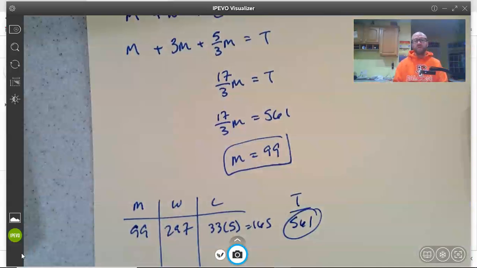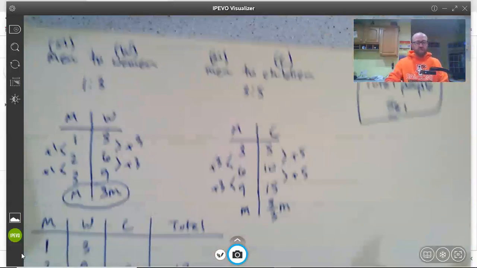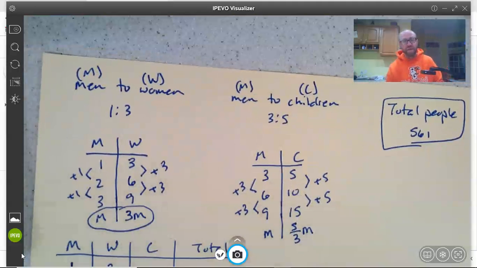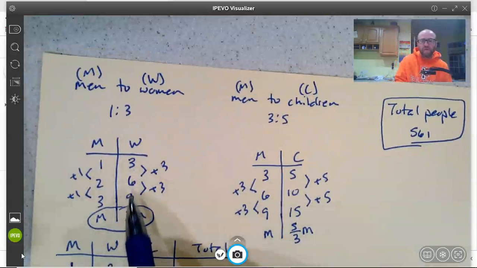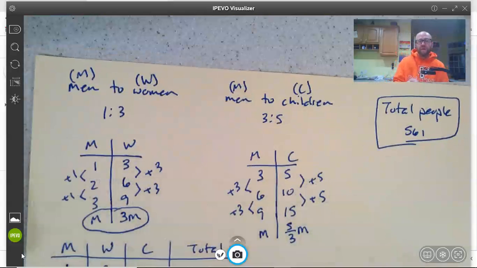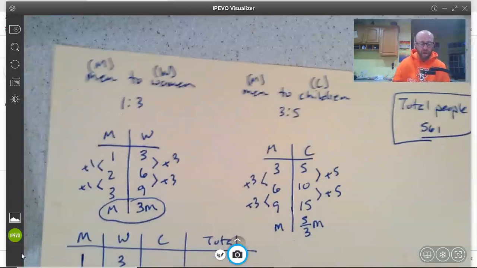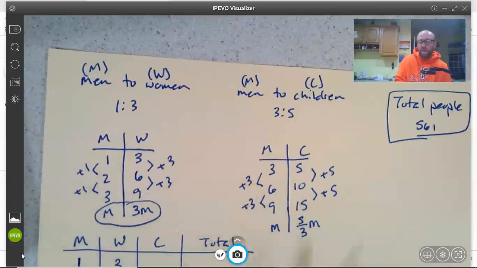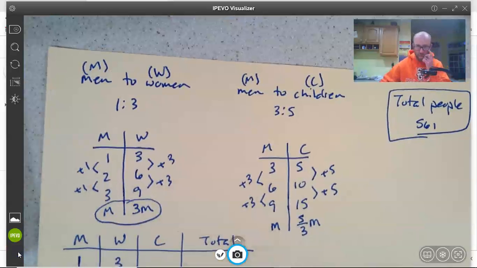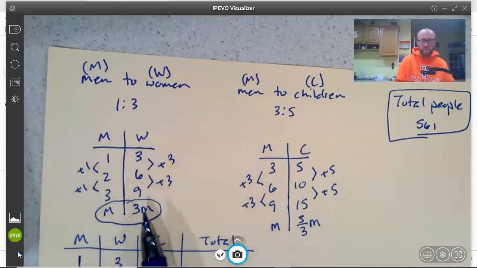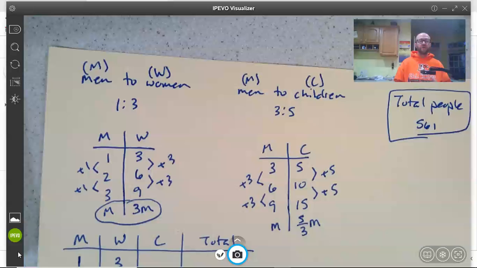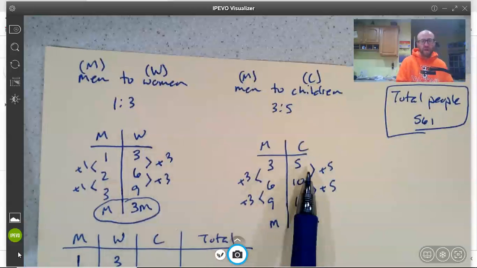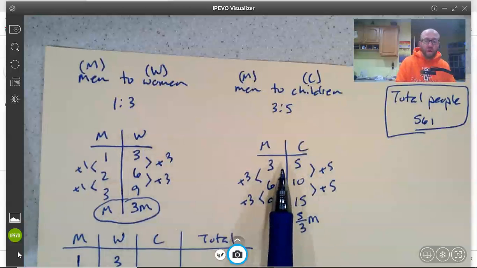So it works. So our trick here was to take our ratios and put them into table form. So we started to fill out a small table that shows how our 2 ratios play out. And then all right, we used the tables that we generated from the ratios to write a rule for calculating the number of women and the number of children from the number of men.